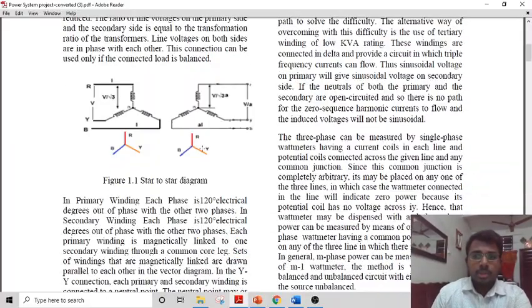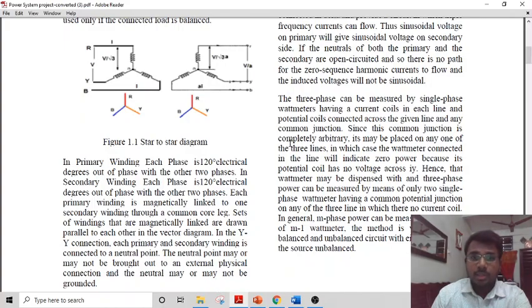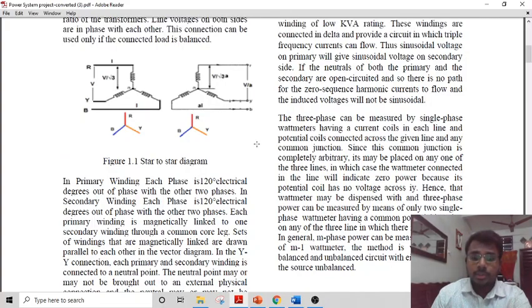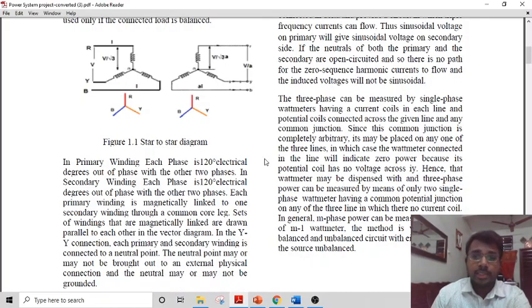In this project, one of the main things that we did is the measurement of the three-phase active power. We use two different methods, which are the conventional method and the 2 watt meter method. I will explain in detail about both types of measurements in a while.